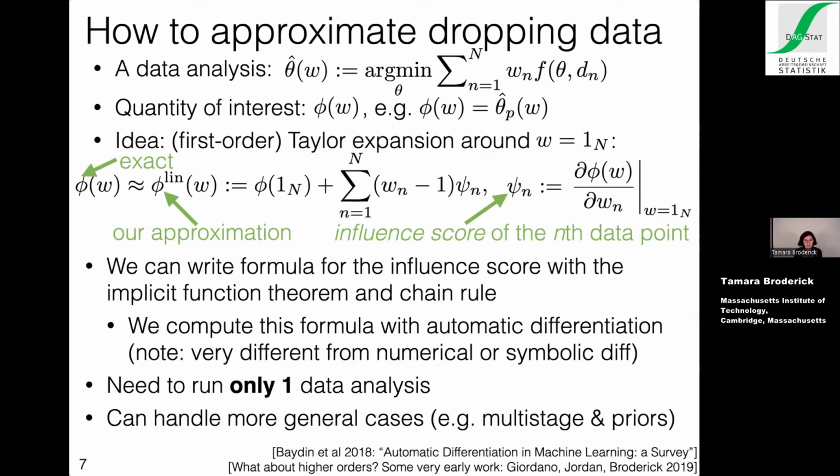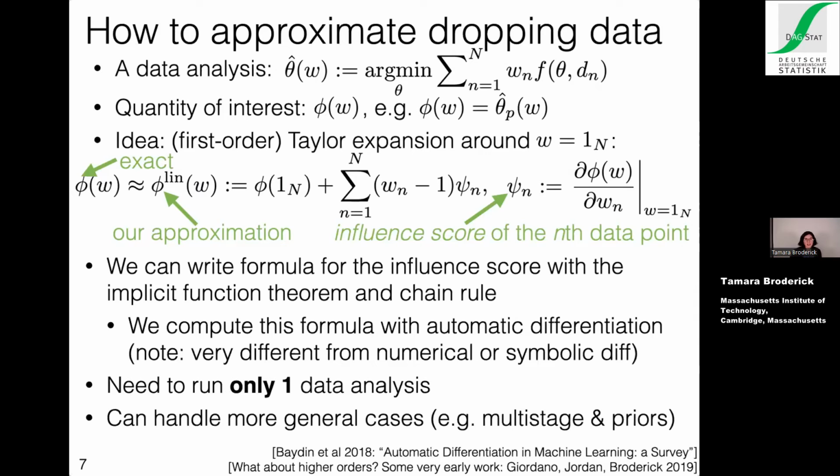In fact, we have some very early work on the arXiv, which again, I just want to emphasize is pretty rough and early. We do believe that a higher order Taylor expansion can be useful for approximating something like the bootstrap, which can also be seen as a reweighting of the data that you have. But for our purposes today, it's actually really important that we're using a first order Taylor expansion.